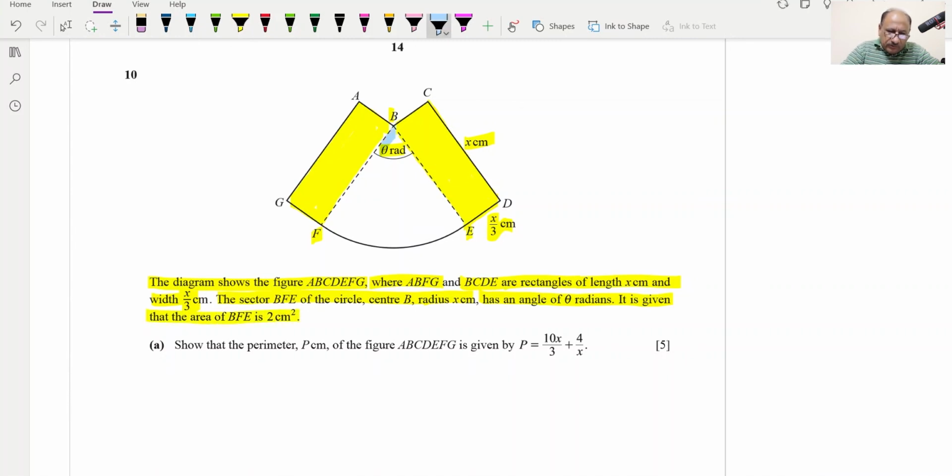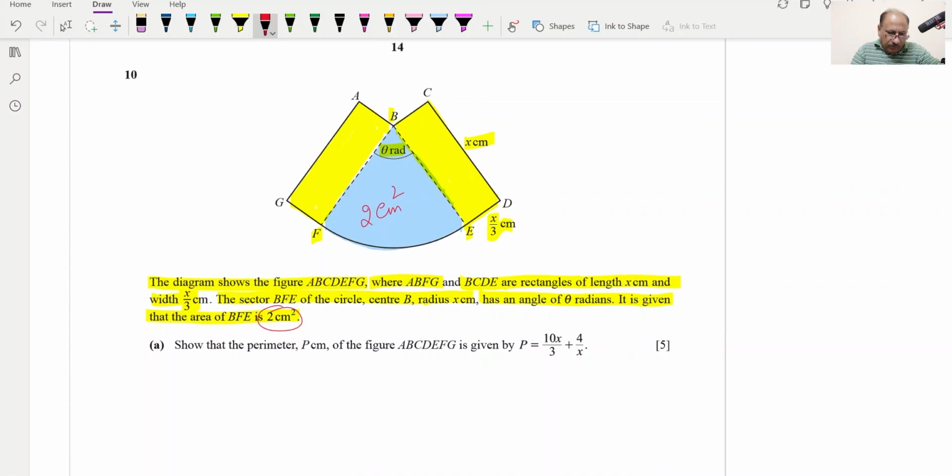So this is basically the sector which we can understand and shade like this. So the two types of shapes are there: one is a rectangle and the second one is this sector. The sector angle is not provided, the area is provided, which is 2 centimeters square.